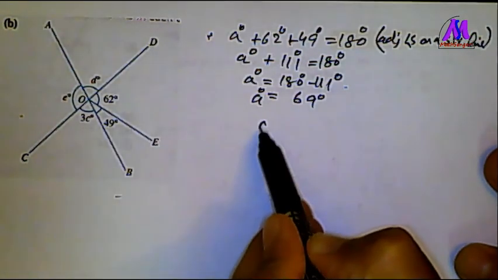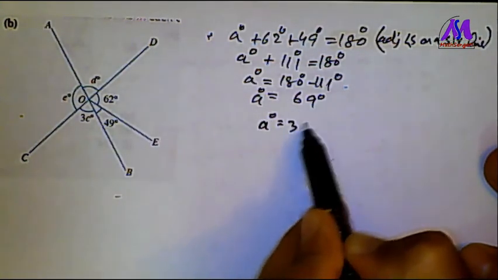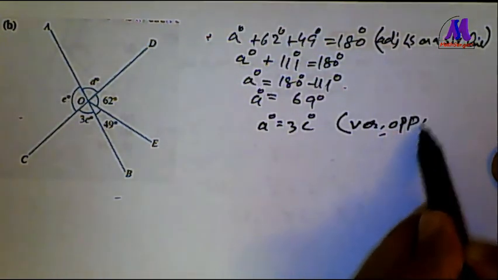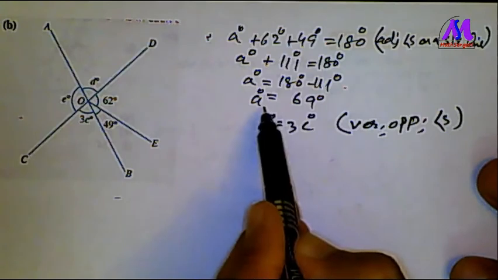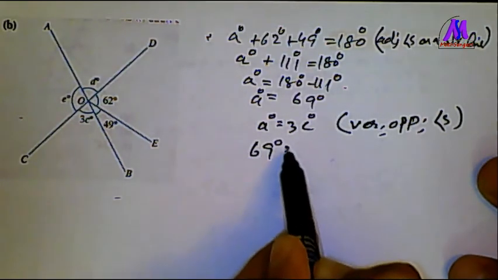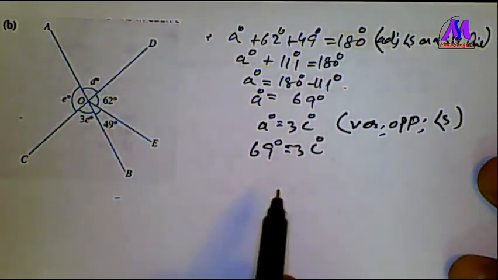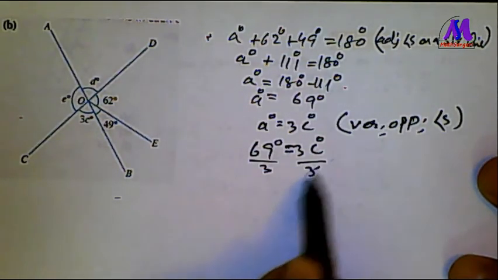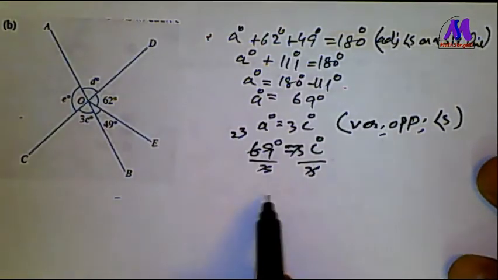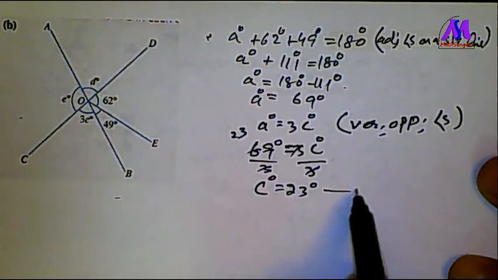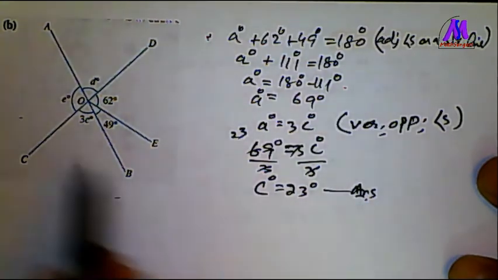So a degrees will be equal to 3c degrees. The value of a is 69 degrees, which is equal to 3c degrees. Now both sides divided by 3, so c degrees will be equal to 23 degrees, and that will be the answer for c degrees.